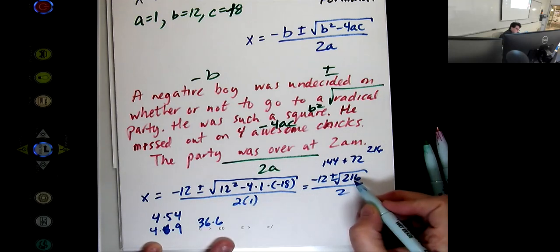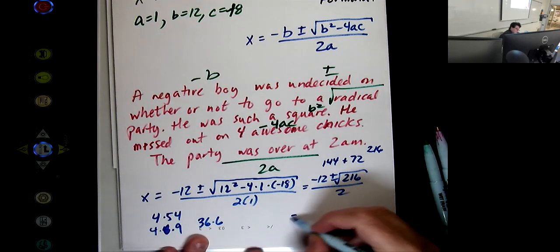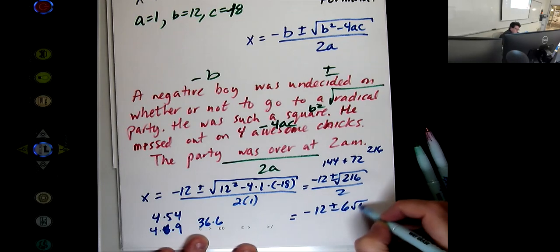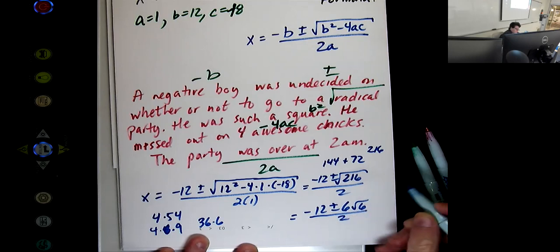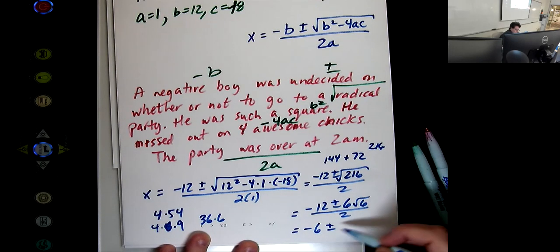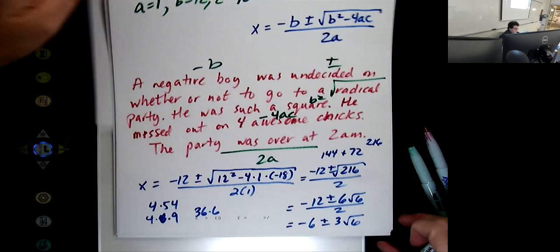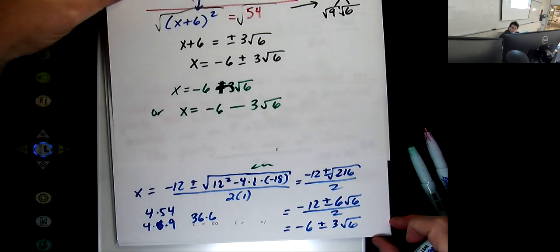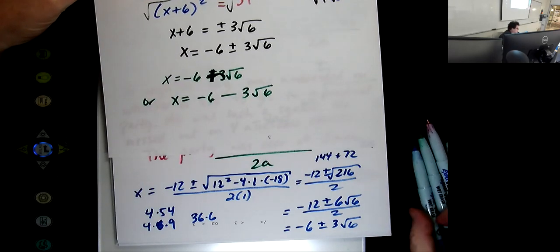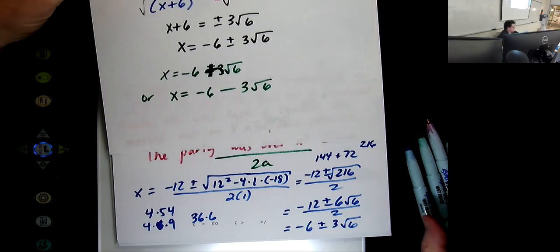So when I take the square root of 36, I get negative 12 plus or minus 6 root 6 divided by 2. And each one gets divided by 2, so that splits up into negative 6 plus or minus 3 root 6. Which is what we got on the previous page. It's good stuff, right?